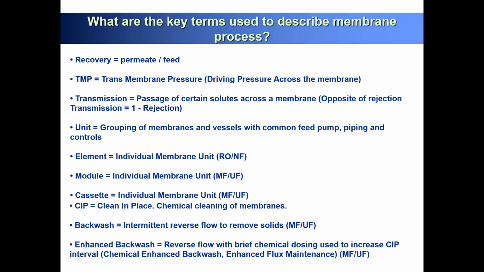what's the passage of certain salt across the membrane? So you have to target, okay, this concentration less than 0.5, 1 milligram per liter, TDS less than 500 milligram per liter. So we have drinking water guidelines in Australia. Yeah. So we have to make sure all the water quality follows our Australian drinking water guidelines. So you have to see.